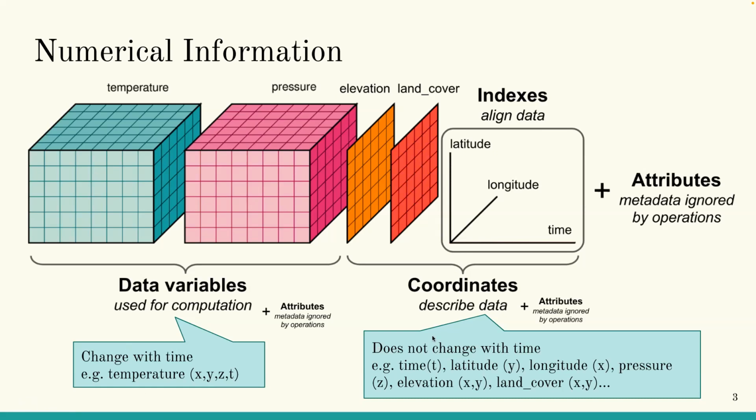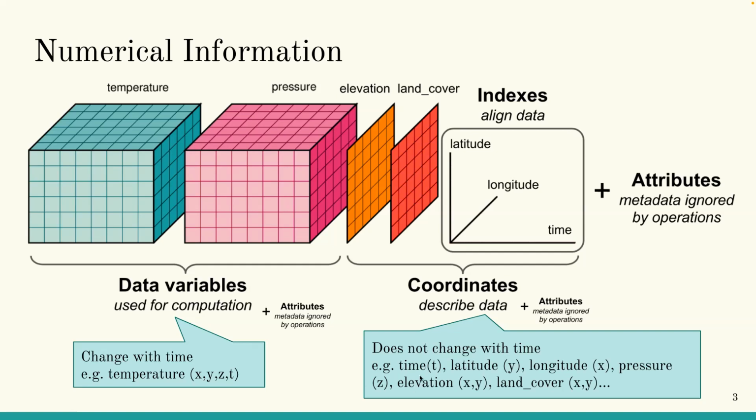And also the numerical data that does not change with time. So what does not change with time? The time variable, of course, does not change with time, right? When you go through your data, the time variable does not change. It means that if it saved data for the whole month of July, then it's just saved for the whole month of July, right?